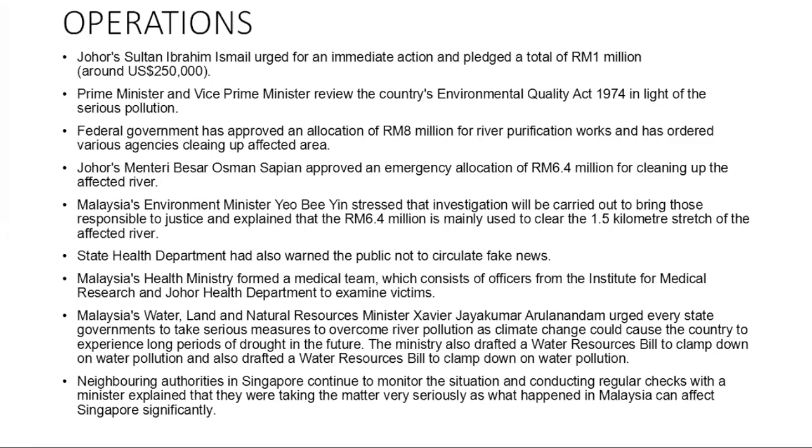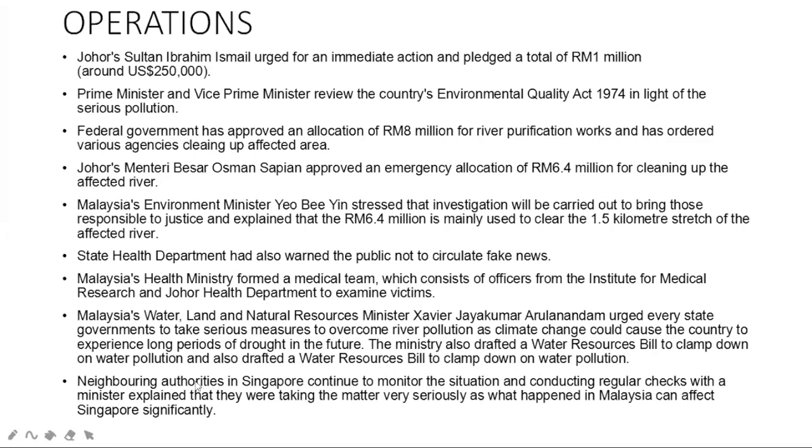Then the Malaysia Water, Lands and Natural Resources Minister Xavier Jayakumar Arulanandam urged every state government to take serious measures to overcome this river pollution, as climate change could cause the country droughts in the future, and also drafted the water resource bill on water pollution.